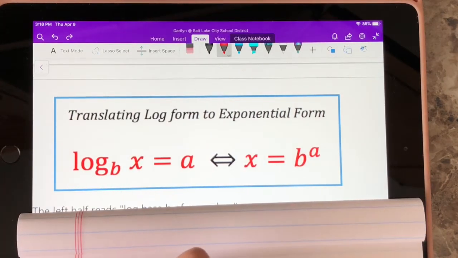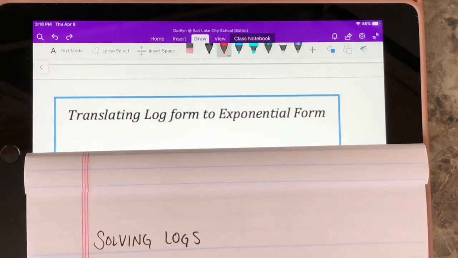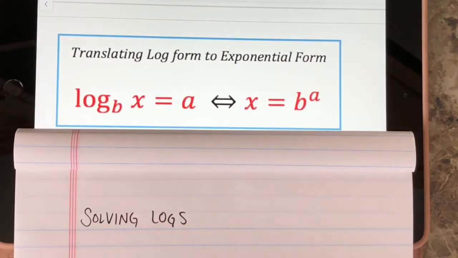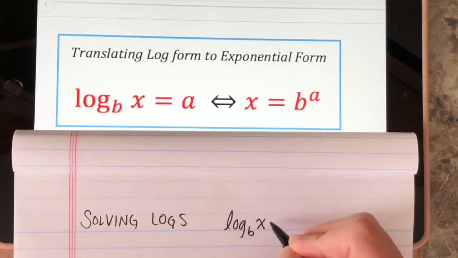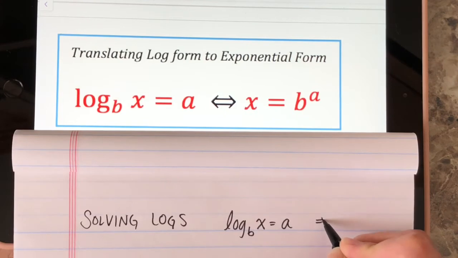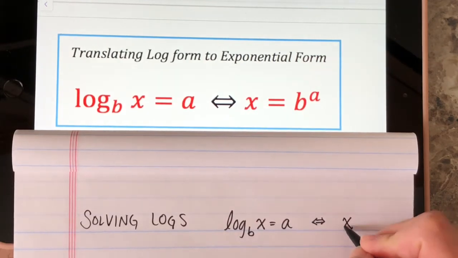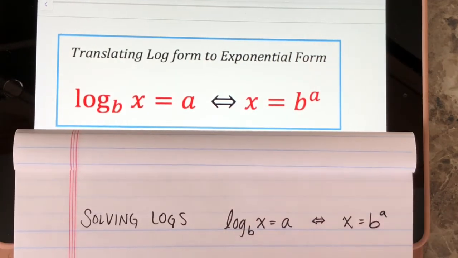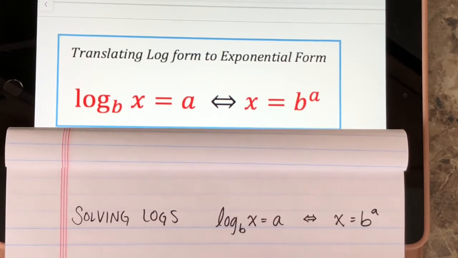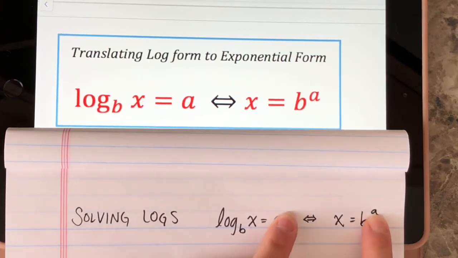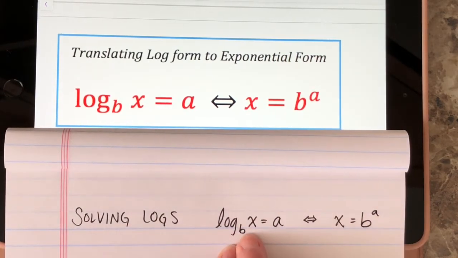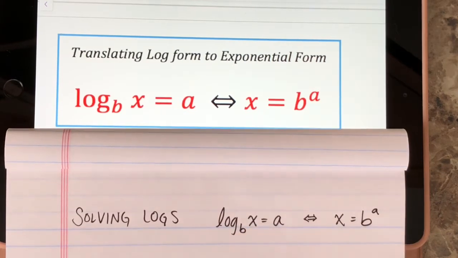So in my notes, solving logs, I'm going to put this basic log rule: log base b of x equals a, and that double-sided arrow means if and only if. This means that it can go either way. This is the definition of log. It means what exponent does b need in order to equal x?